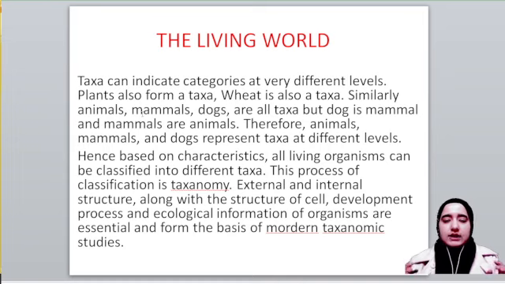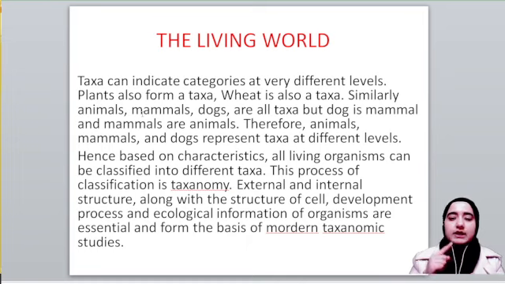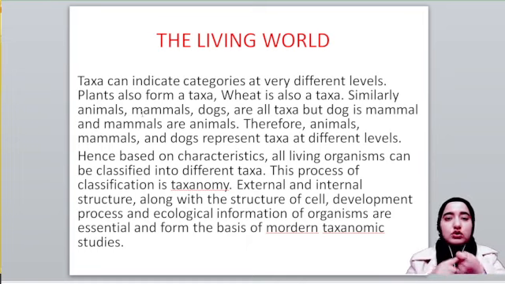We can say that animals, mammals, no doubt dogs do come under mammals, but they are representing taxa at different levels. Talking about animals, they represent taxa at different levels. Talking about dogs, they also represent taxa at different levels. Talking about mammals, they also represent taxa at different levels.